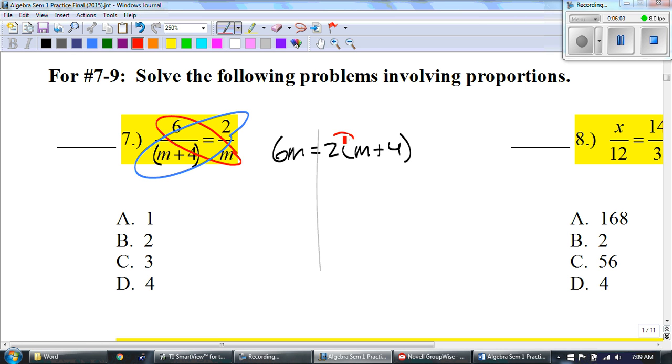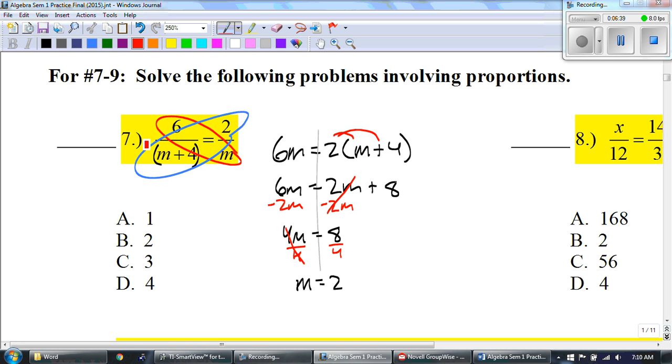On the right side, we need to distribute. 2 times m is 2m. 2 times 4 is 8. Now we want to get our variables to one side, so I'm going to subtract the 2m from both sides. 6 minus 2 is 4. And then I need to divide both sides by 4. 8 divided by 4? Good. 2.